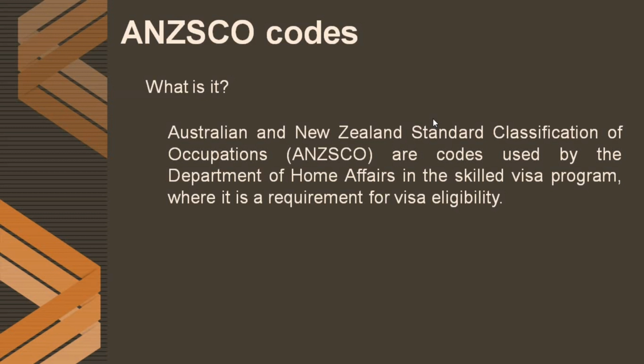So each registered nurse who worked in ICU, OPD, medical ward, surgical ward, or perioperative nursing, any different areas, is classified under a different code in the ANZSCO code list.